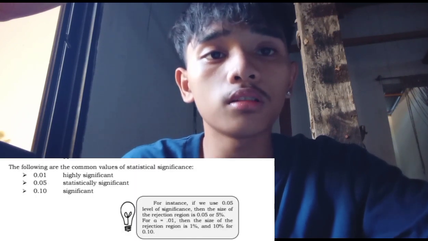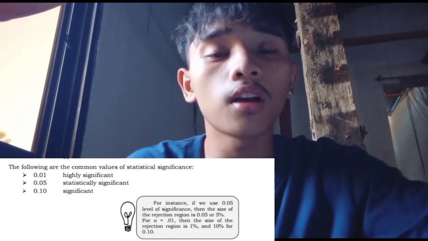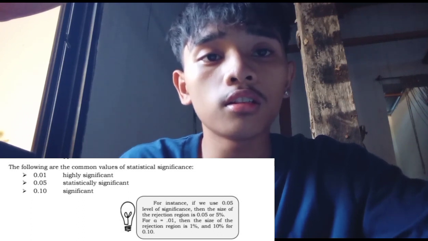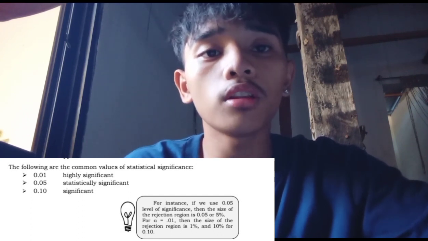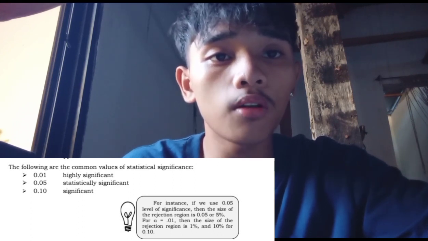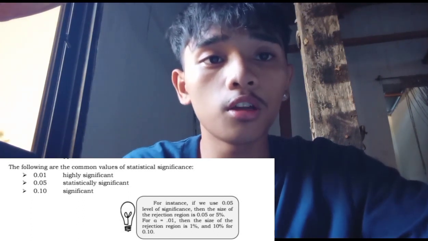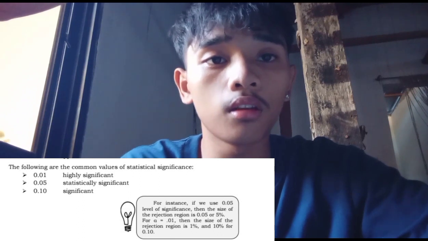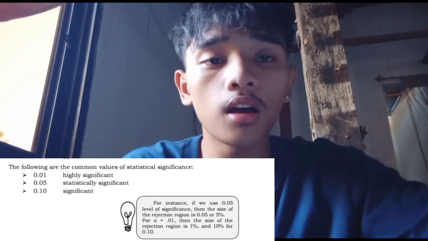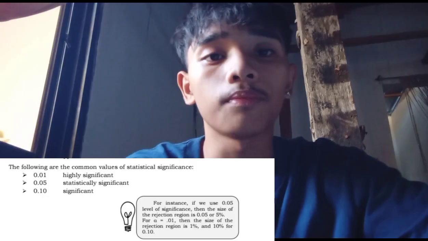Common values: 0.01, highly significant; 0.05, statistically significant; 0.10, significant. For instance, if we use 0.05 level of significance, then the size of the rejection region is 0.05 or 5%. For 0.01, the size of the rejection region is 1%, and 10% for 0.10.